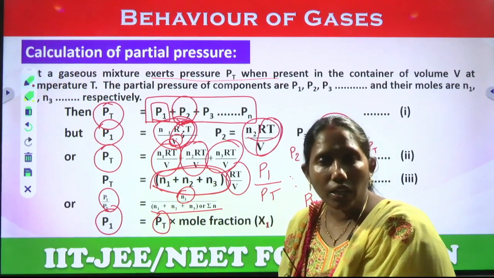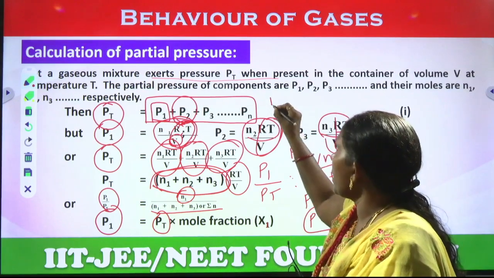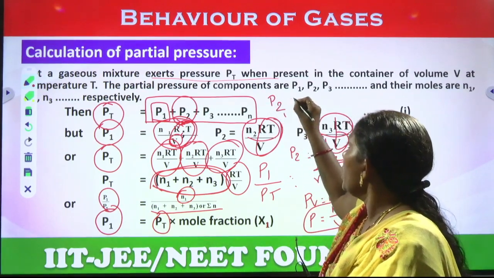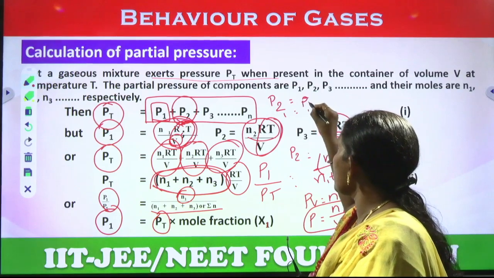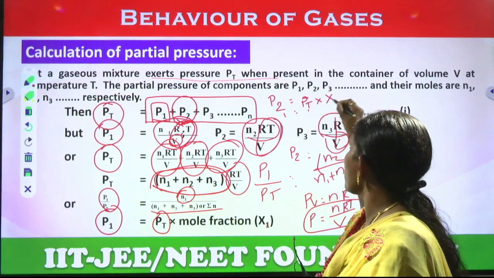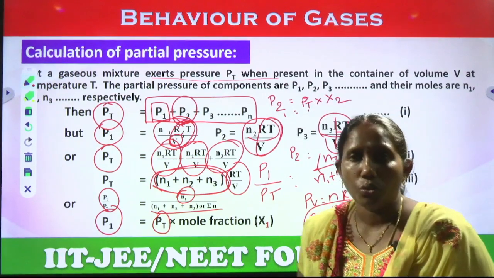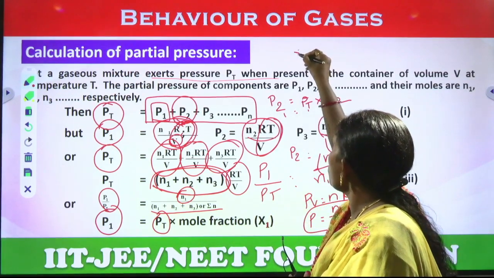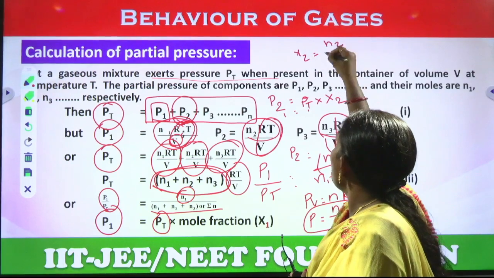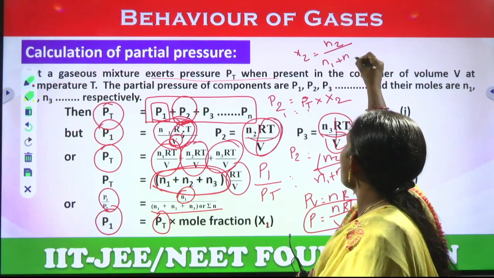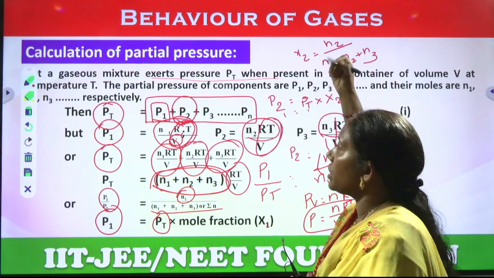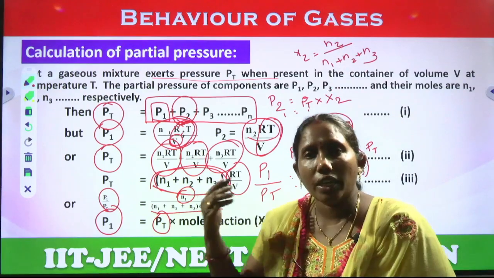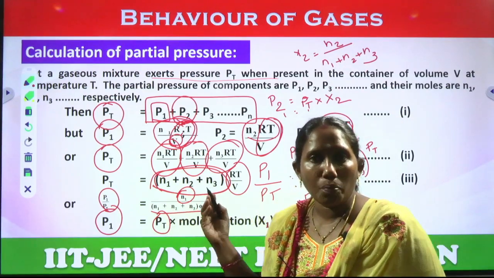To calculate the partial pressure of the second gas, the formula is P2 equals the total pressure PT into the mole fraction of the second gas, X2. The formula for X2 is N2 by N1 plus N2 plus N3. For the third gas, the formula is N3 by N1 plus N2 plus N3.